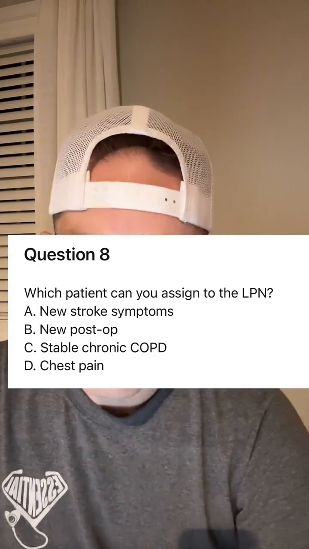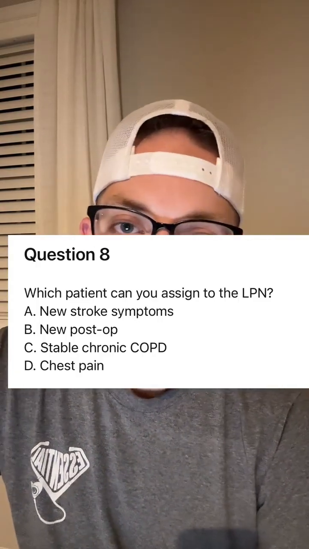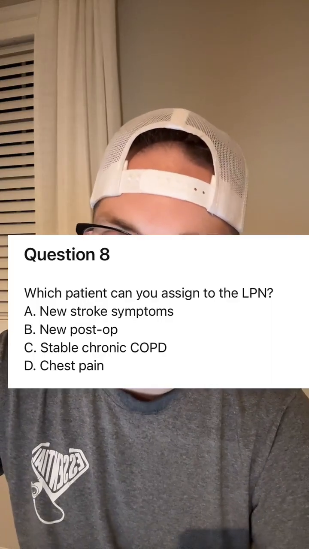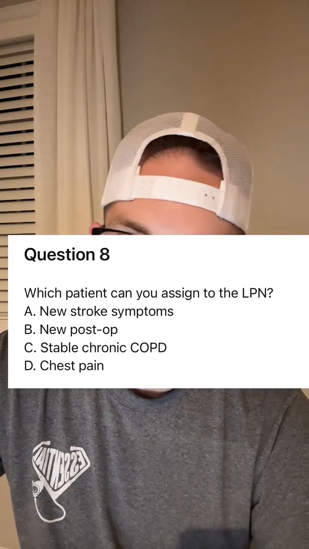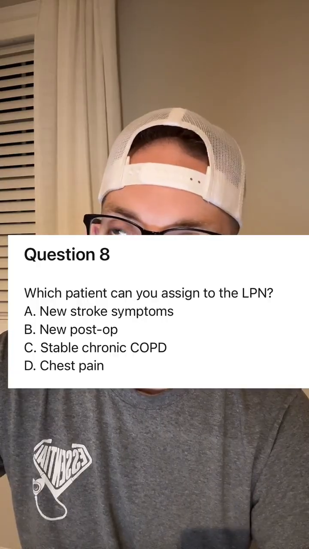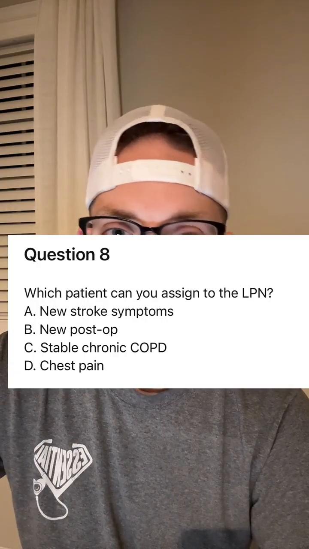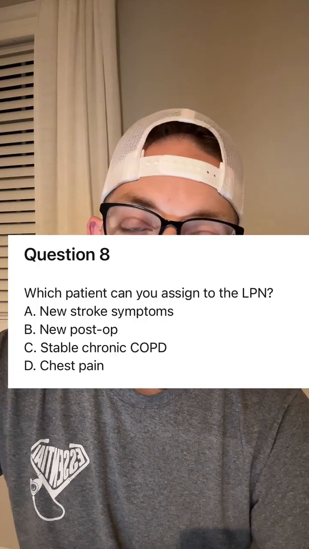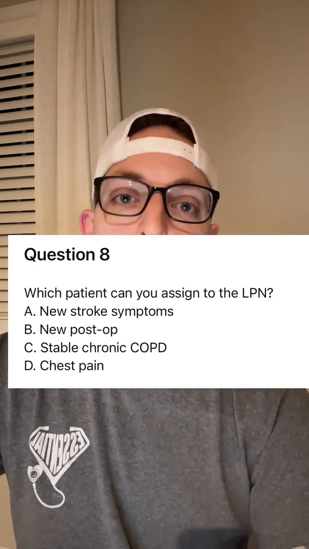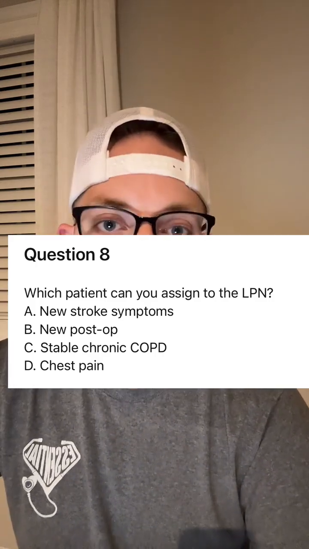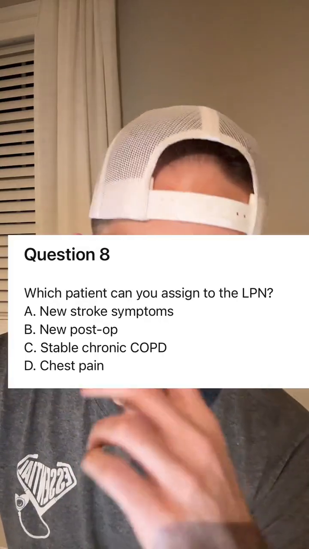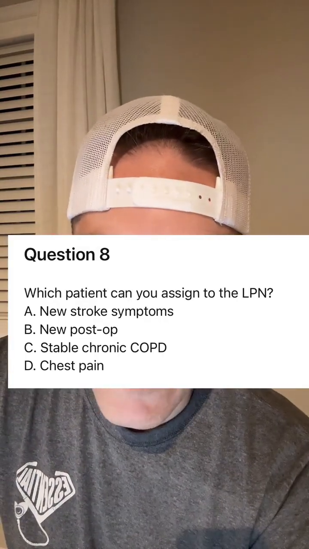Not new stroke symptoms, not chest pain. The key words here are stable and chronic. Stable means there shouldn't be anything unexpected happening. Chronic is something this person has been dealing with for a while. It's not new. So yes, question 8, C, stable.